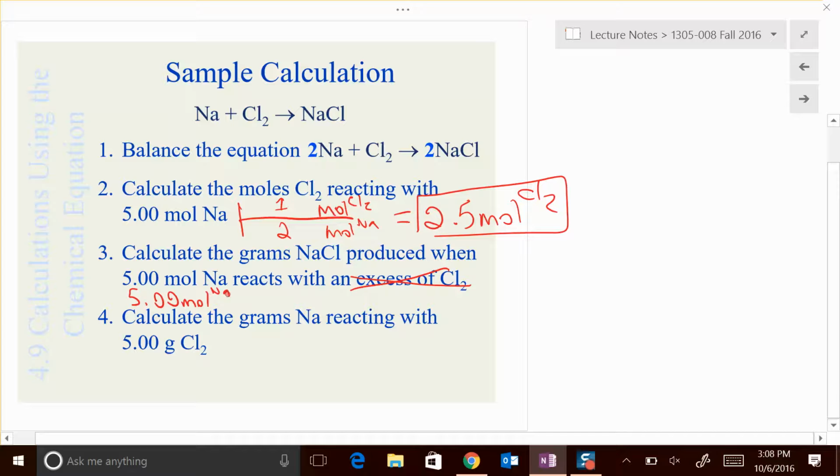We're going to go to the grams of sodium chloride. You're welcome to. You don't have to.